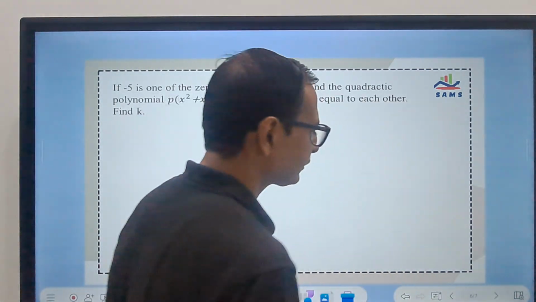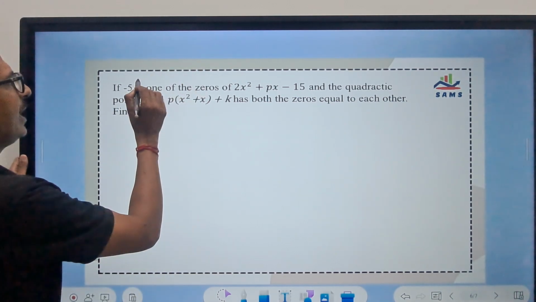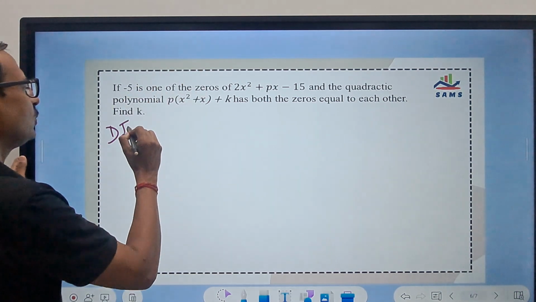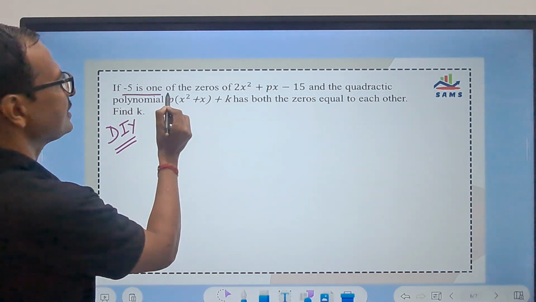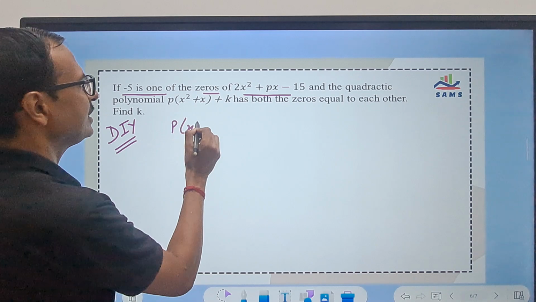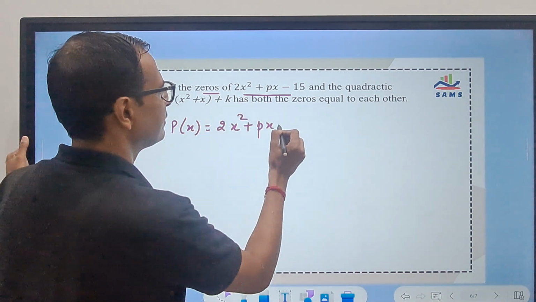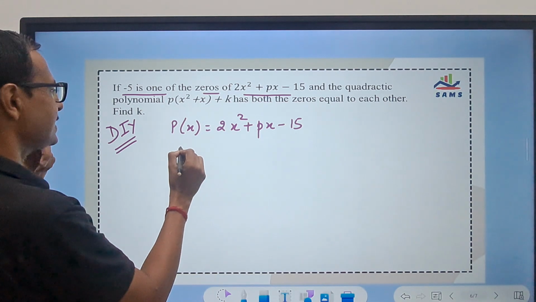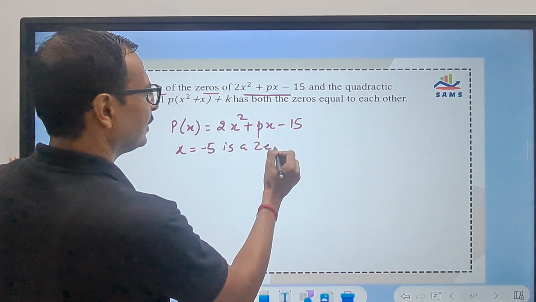Let's see another one. So I'll solve half of this question and I'll leave the other half as a DIY, do it yourself. Okay, so I'll do the first part. If minus 5 is one of the zeros of this, so p(x) is 2x squared plus px minus 15. Okay, so he says x equal to minus 5 is a zero, right?